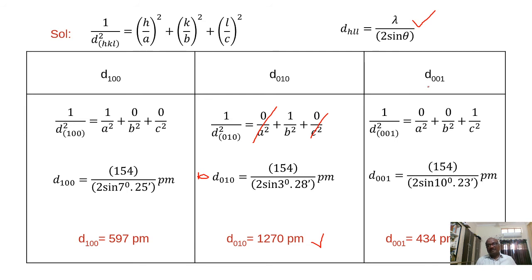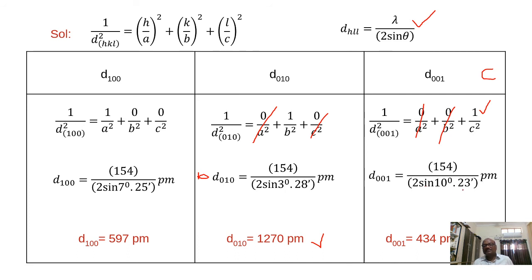Similarly, you can calculate for d001, which gives another dimension value c. 1 divided by d square 001: h is 0, k is 0, l is 1. So only l we substitute. These two parts become 0. So d001 becomes lambda, 154, by 2 sin theta.